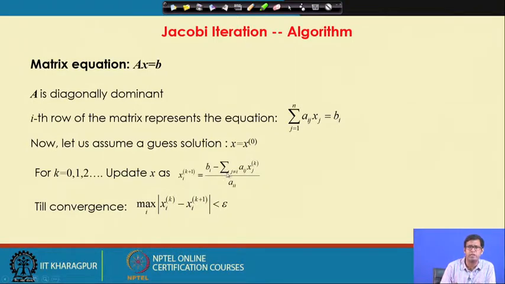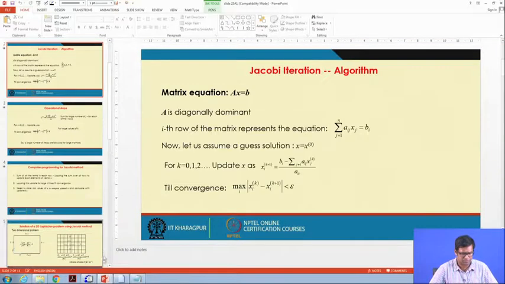Start with a_i1 x_1 and go up to a_i(i-1) x_(i-1). We will do this sum, and then also we will start the sum with a_i(i+1) x_(i+1) and go up to a_in x_n. So this sum is broken into two parts, one before the diagonal and another with the terms after the diagonal.